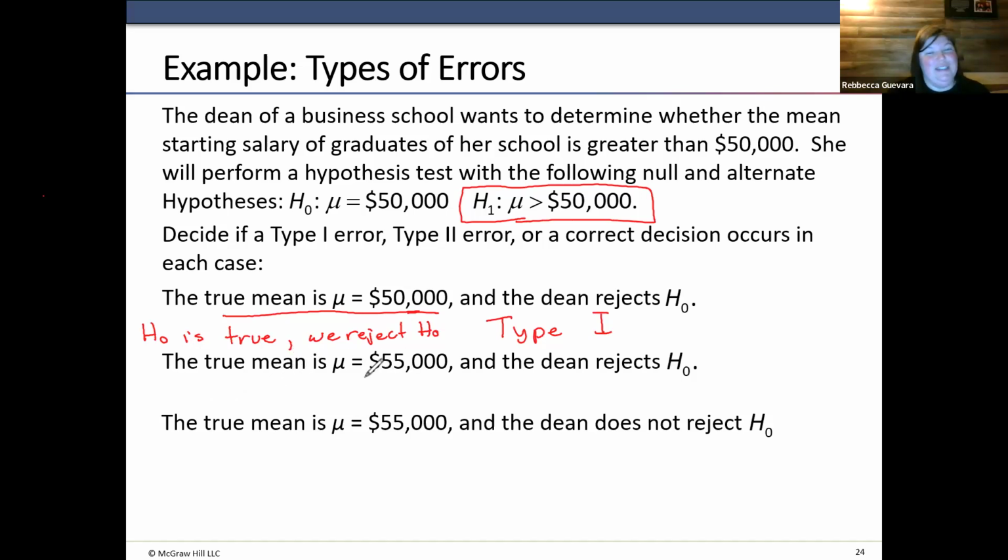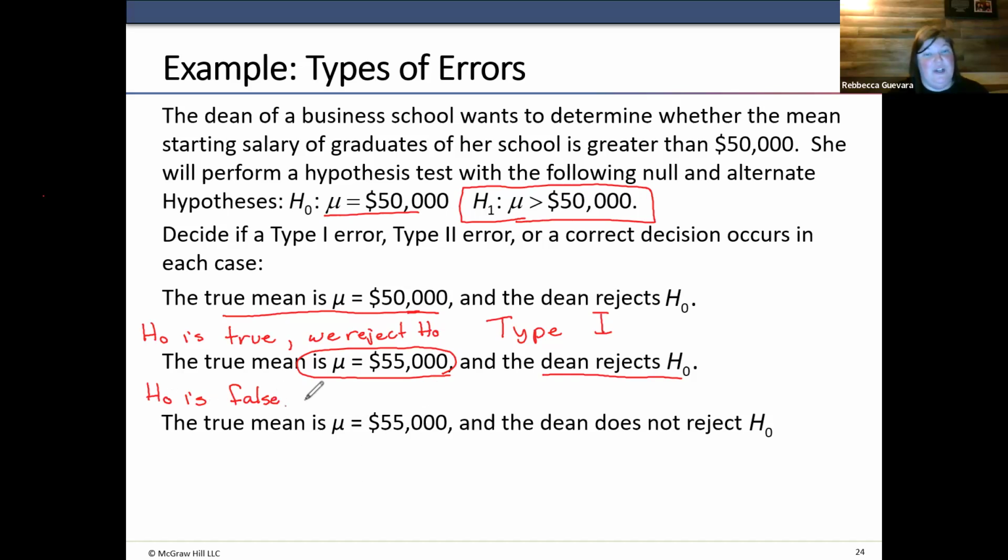The true mean in this case is going to be $55,000. And the dean rejects the null hypothesis. So null hypothesis is this, right? Null hypothesis saying that the mean should be 50,000. So null hypothesis is false if the mean is really 55,000.